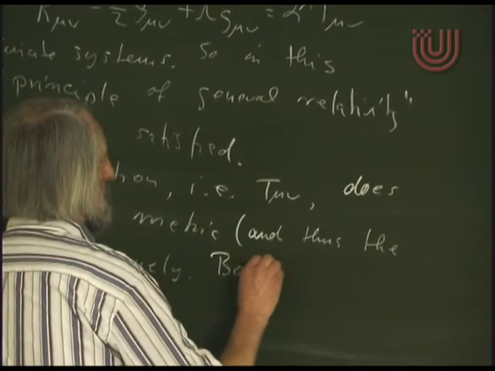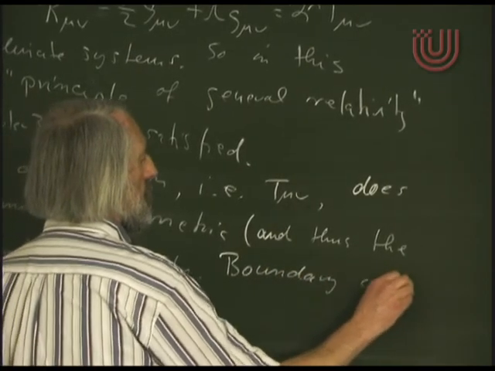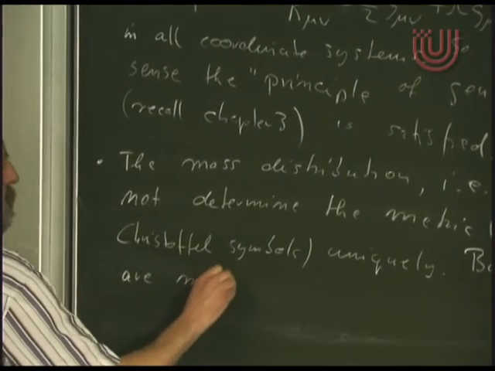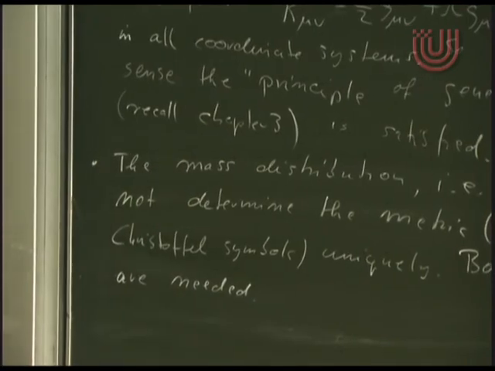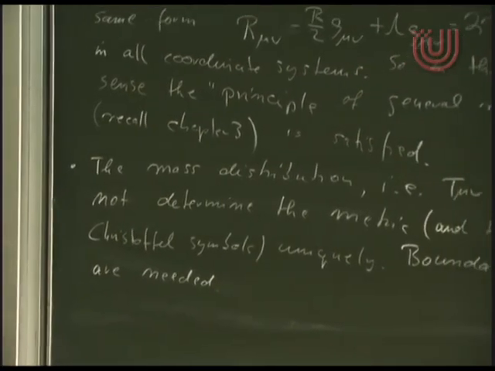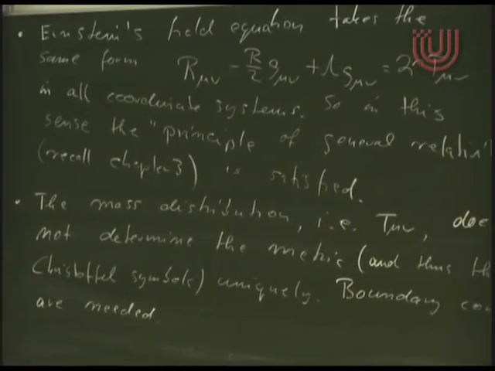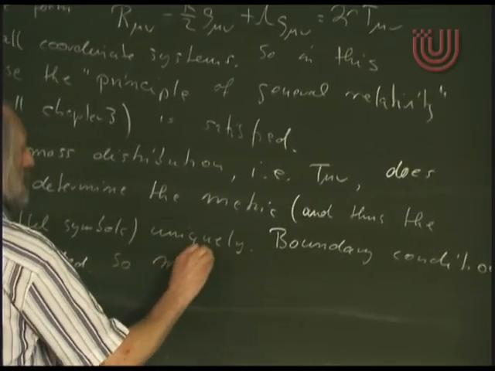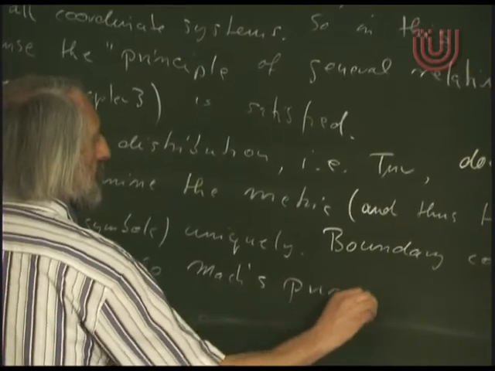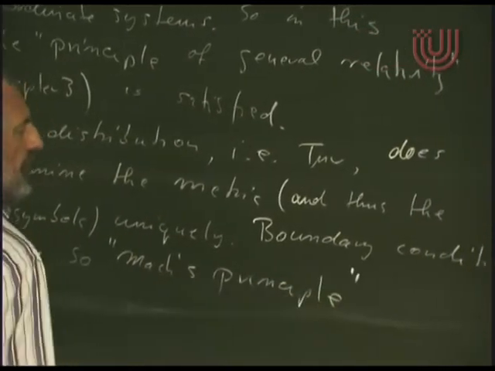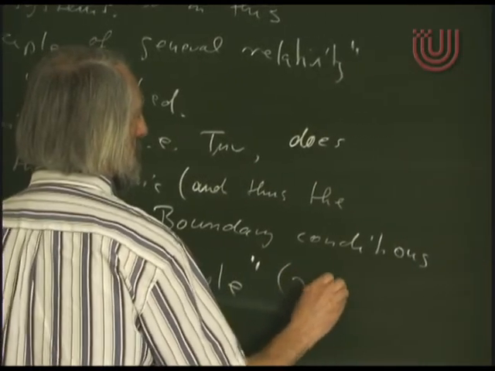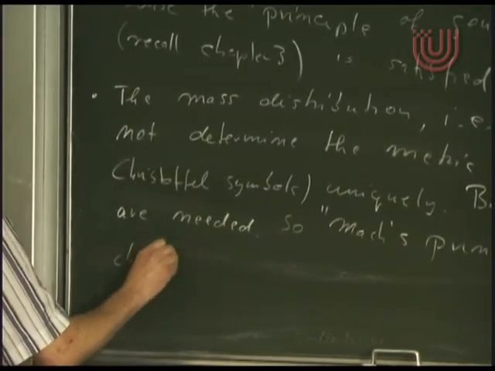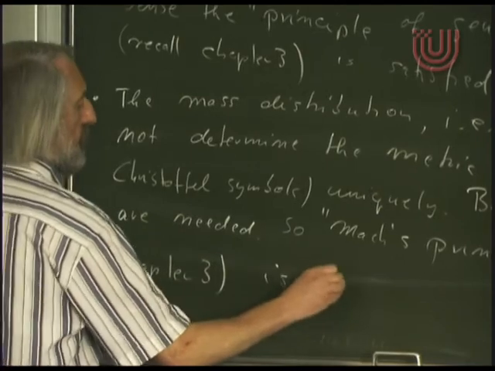So boundary conditions are needed. So if we have the idea that the motion of particles should be determined by the mass distribution, then this is not satisfied. So Mach's principle, and again, this is something which we had in chapter 3, is not satisfied.